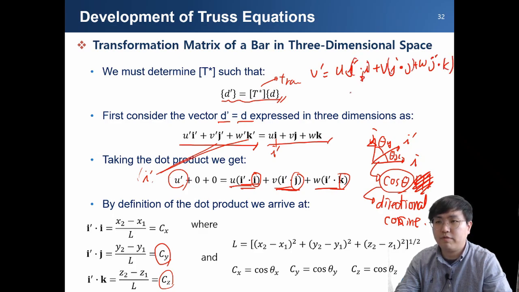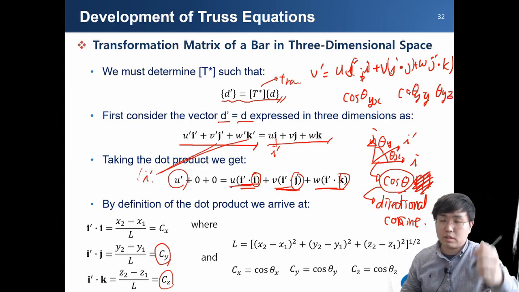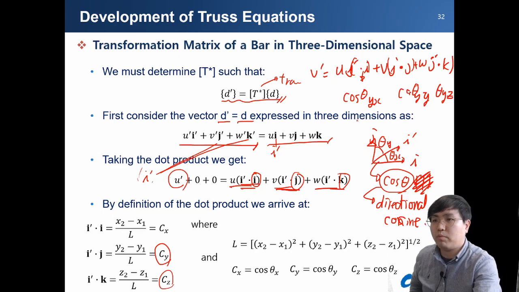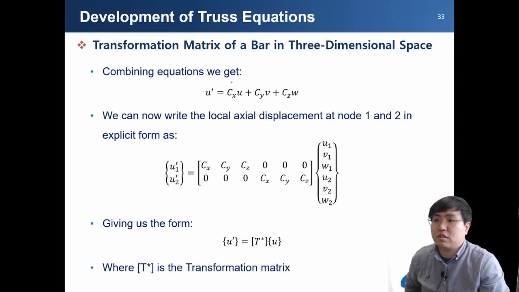Each has a different directional cosine, so all components can be defined in this way.